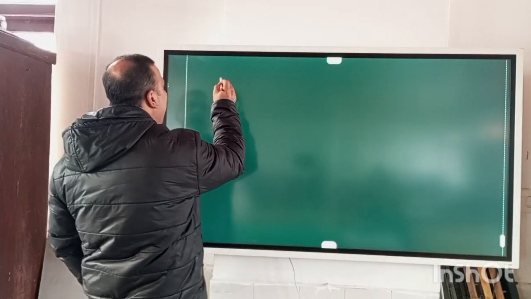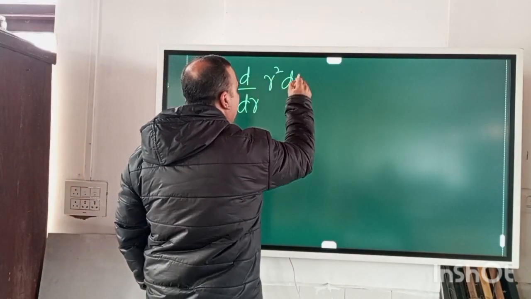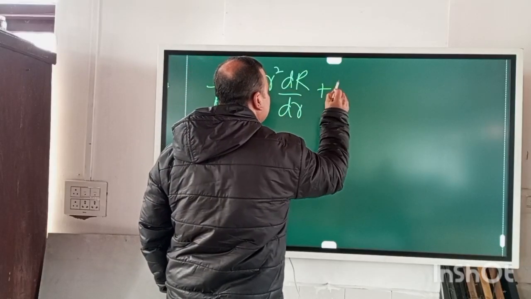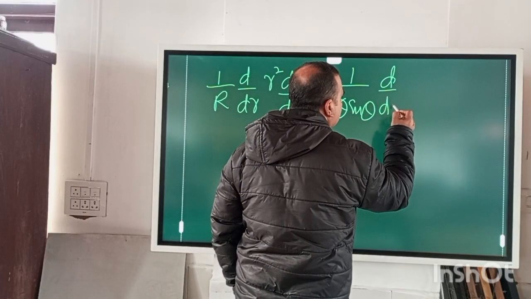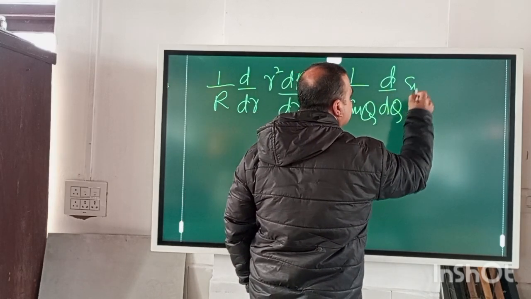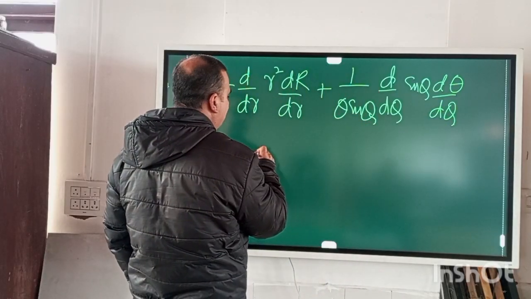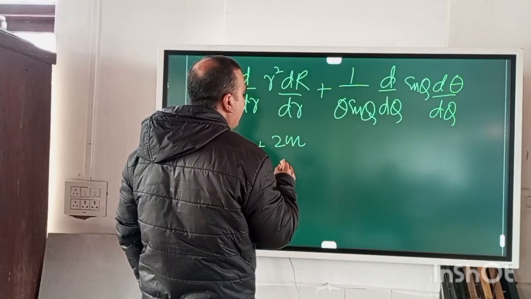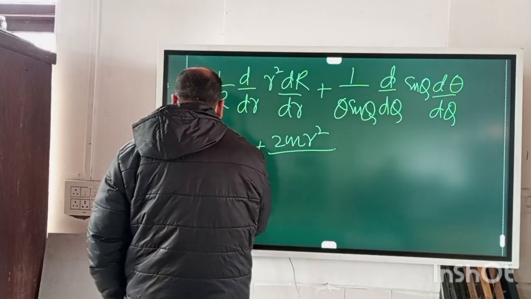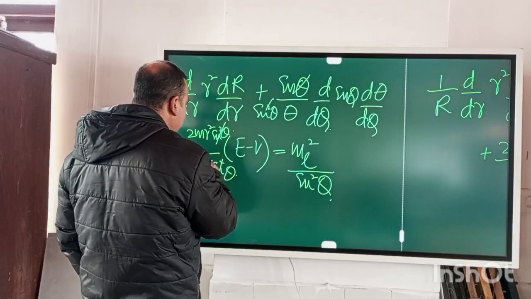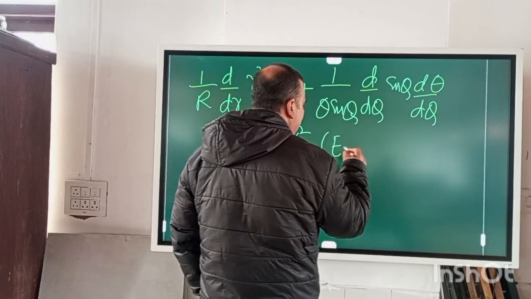So what you have is 1 by r d by dr of r square dr by dr, then plus 1 by theta sine theta d by d theta of sine theta d capital theta by d small theta, then plus 2m r square by h bar square, and the sine square theta will cancel, e minus v.